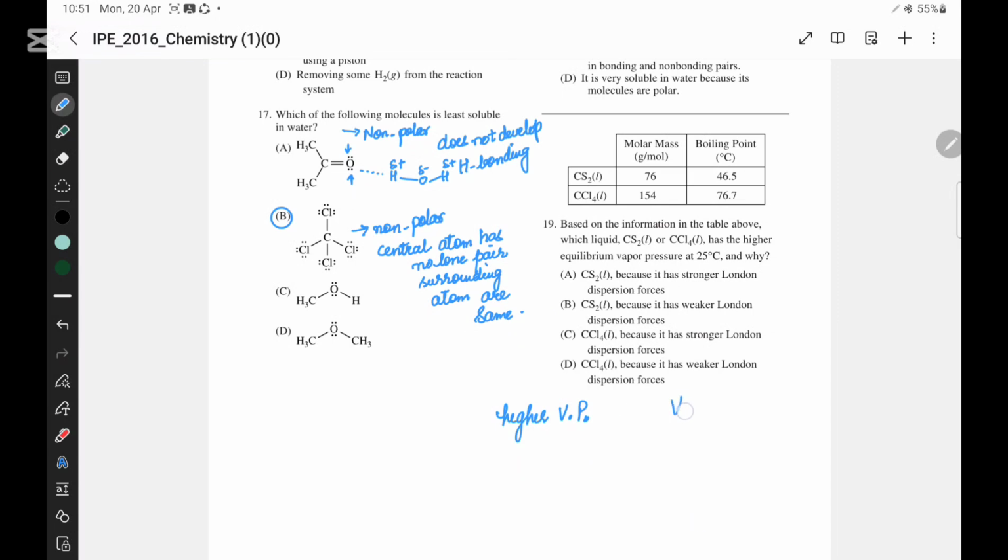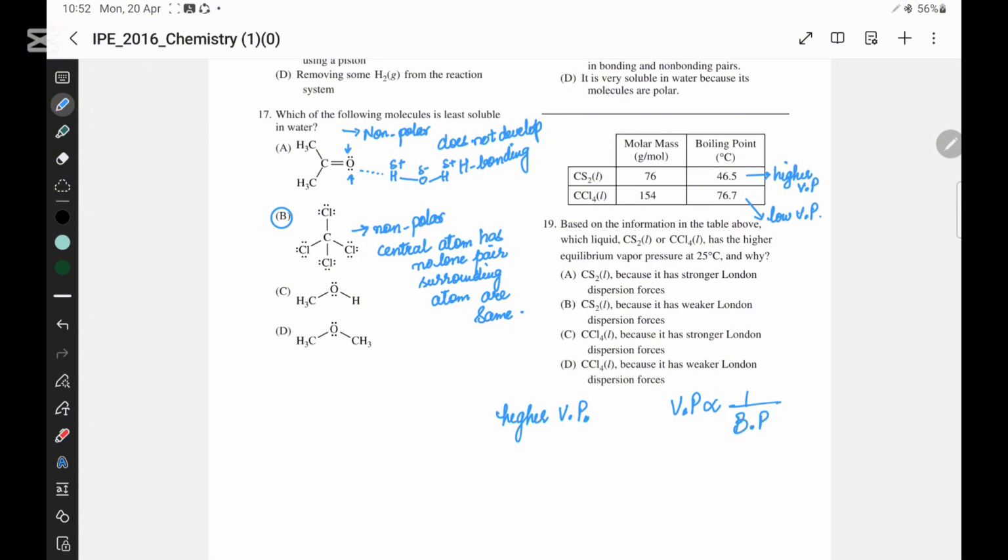Basically vapor pressure is inversely proportional to the boiling point. Higher vapor pressure means it can easily be converted into vapor state, so the boiling point would be lower. The one with the lower boiling point is going to have the higher vapor pressure, and the one with the higher boiling point is going to have low vapor pressure.